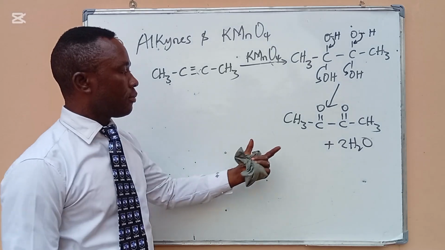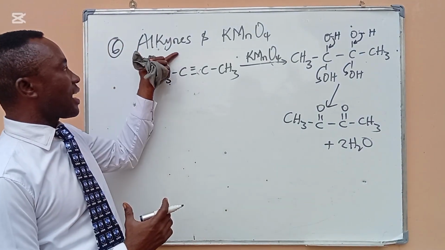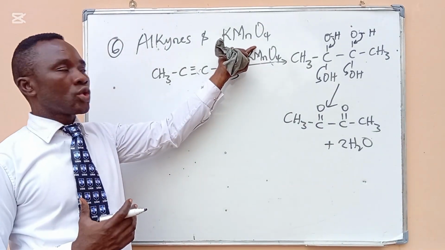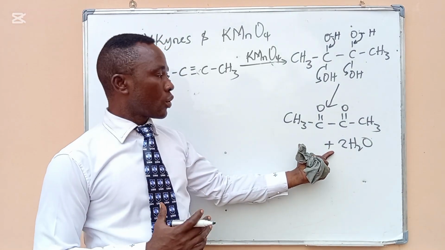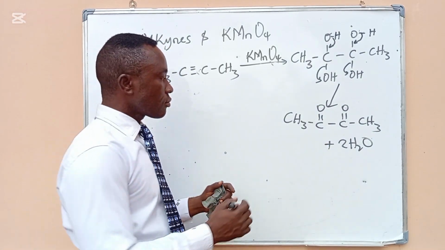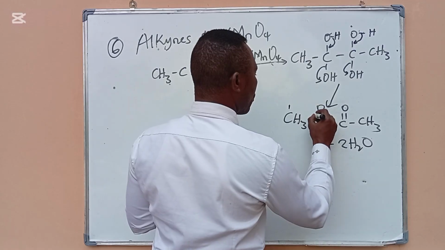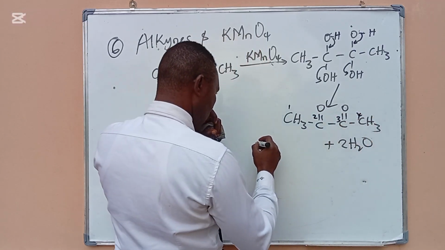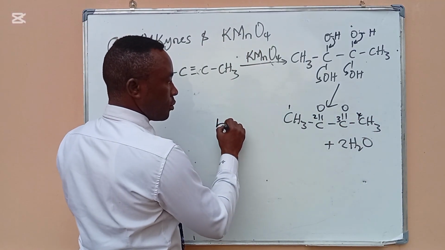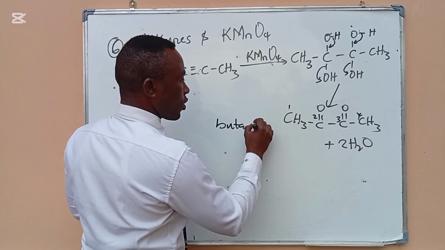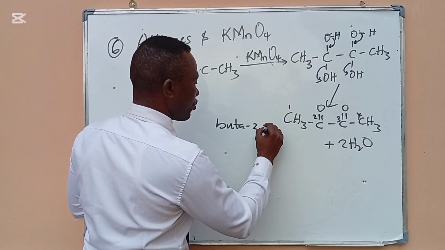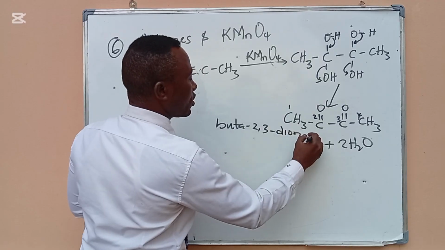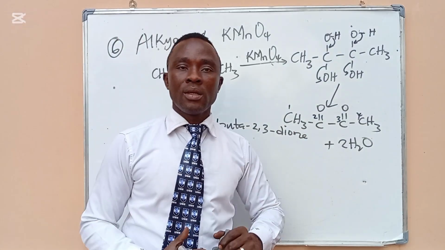So that is the final product. Anytime an alkyne reacts with an acidified solution of KMnO4, the final product will be a dione. If we number this 1, 2, 3, and 4, this is butane-2,3-dione. So that is the final compound that is formed.